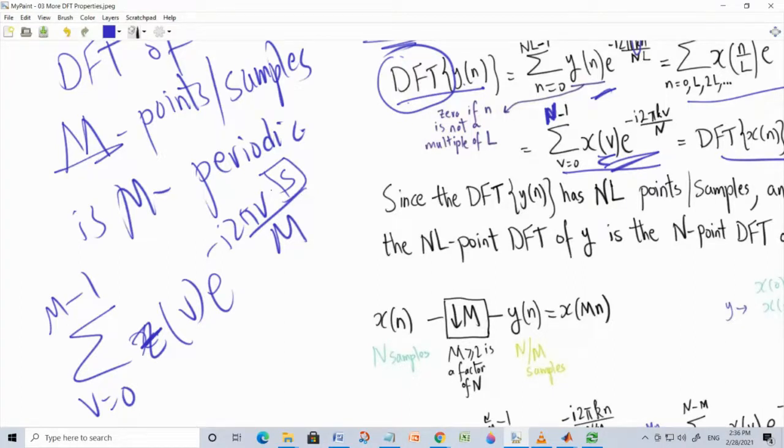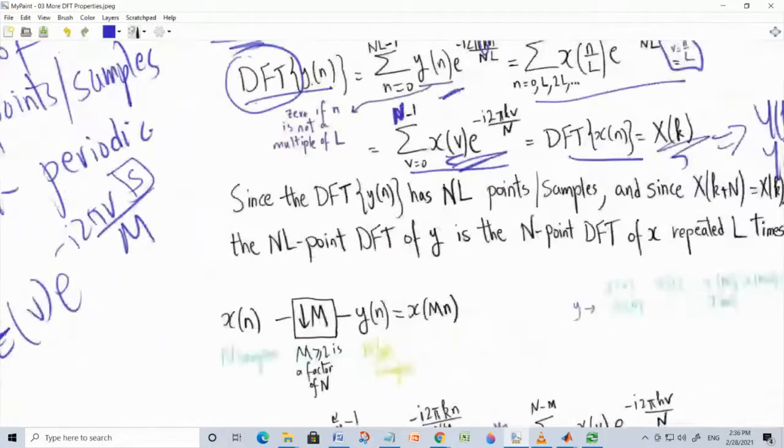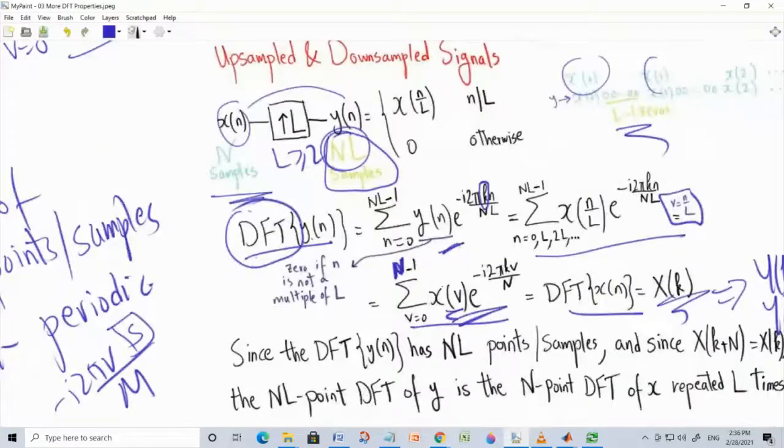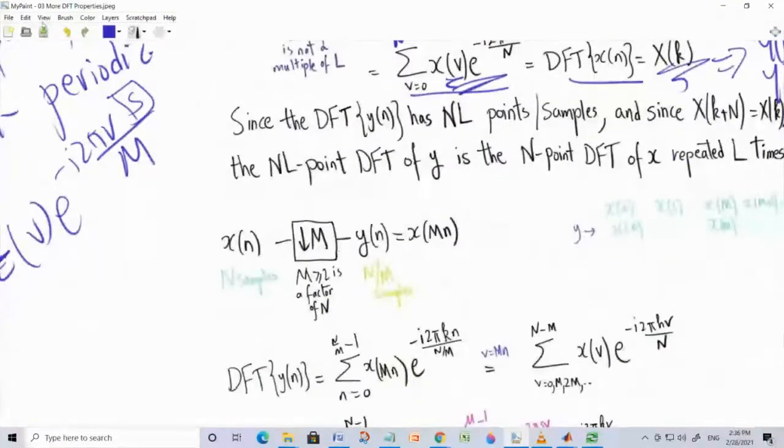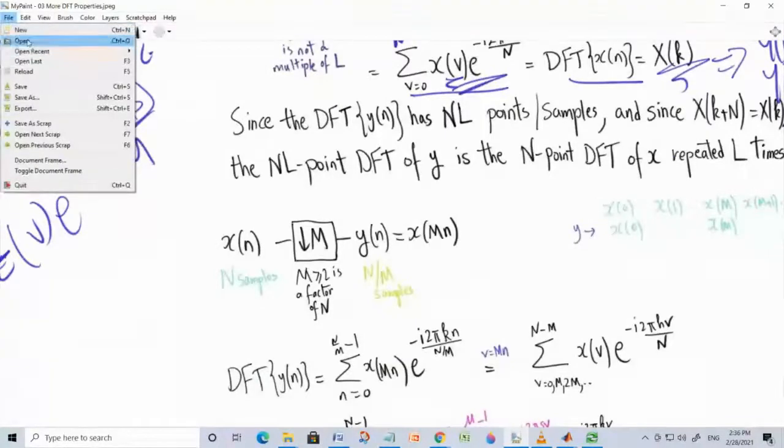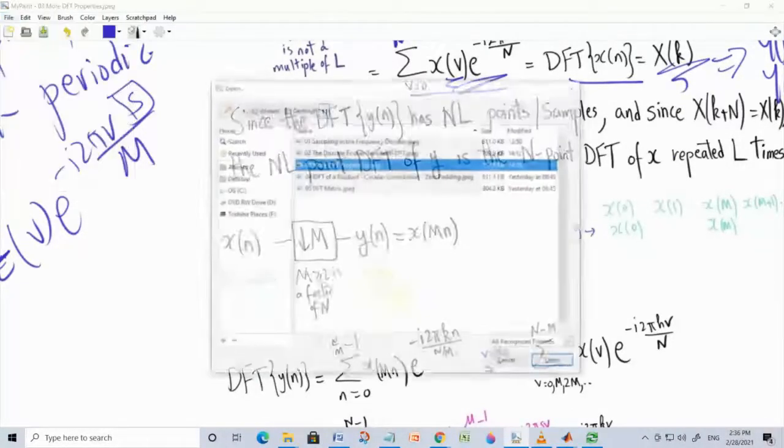Very important. It may sound complicated, but after a while, you'll find that it is nothing. So this part, and the part about downsampling, is worthy of investigation.